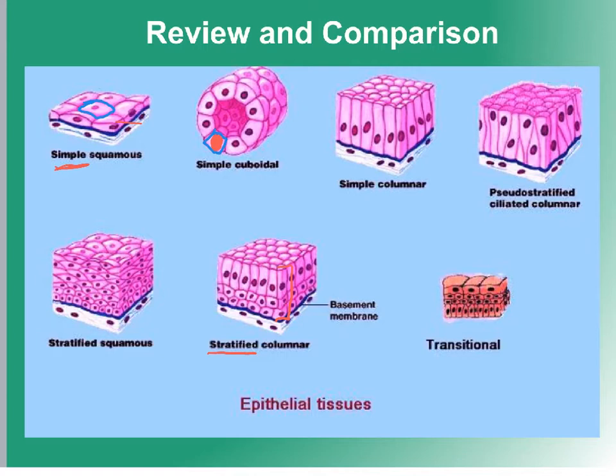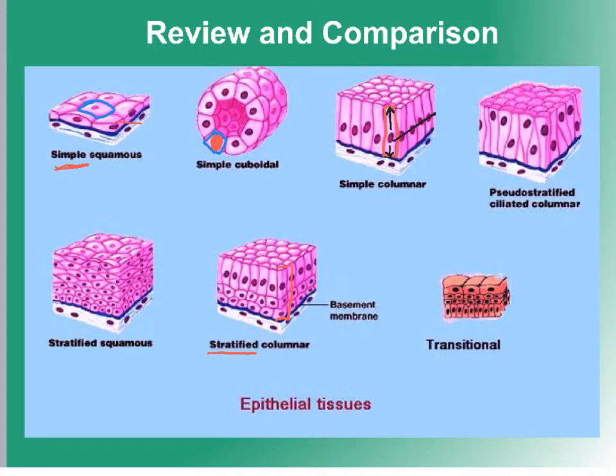There's simple columnar, where the cells are taller than they are wide, and just in general, what you'll find is that the nuclei are closer to the basal surface rather than the apical surface of the cell. So they should kind of all line up in generally the same plane.